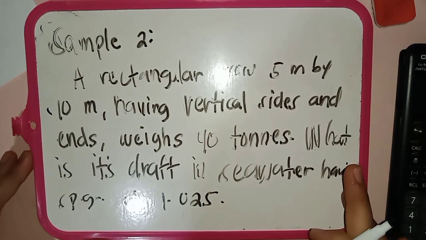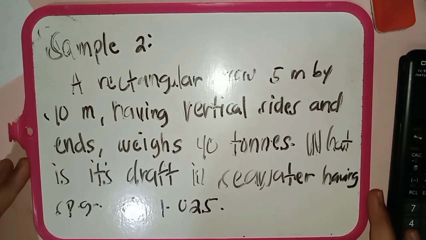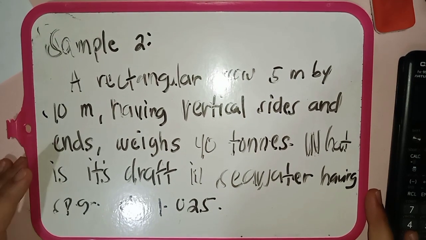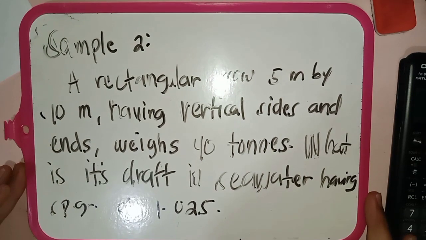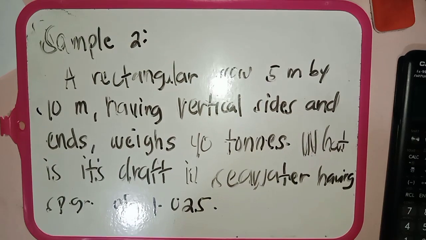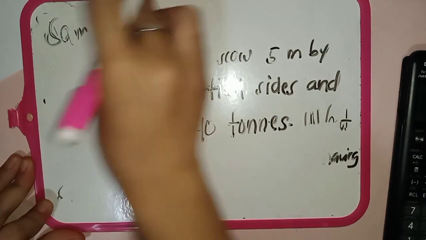So we have our sample number 2 here. A rectangular scow 5 meters by 10 meters, having vertical sides and ends, weighs 40 tons. What is its draft in seawater having a specific gravity of 1.025? So what we need to find is the draft in seawater.